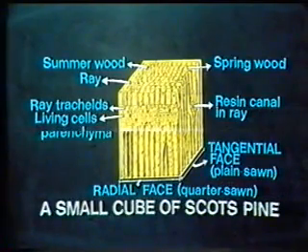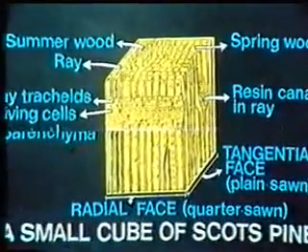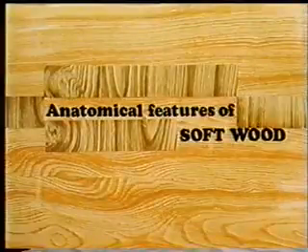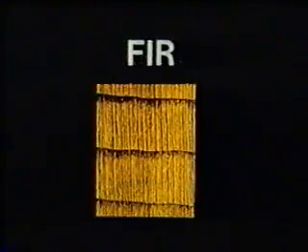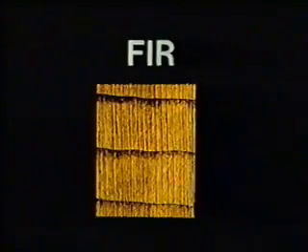Pores are absent. Softwoods are mainly made up of tracheids, which serve the function of conduct of food and mechanical support. Parenchyma are absent or poorly developed, and rays are too fine to be seen with the naked eye.